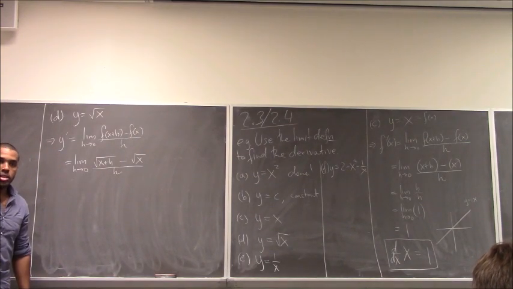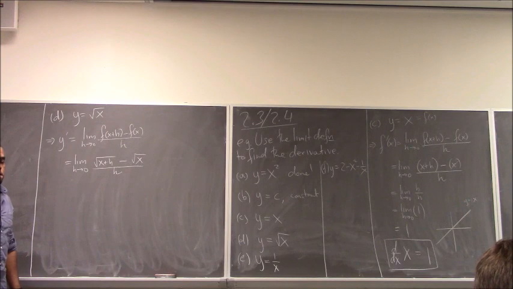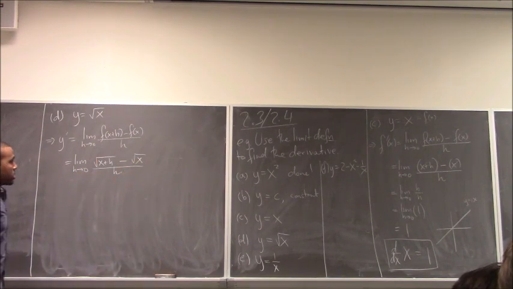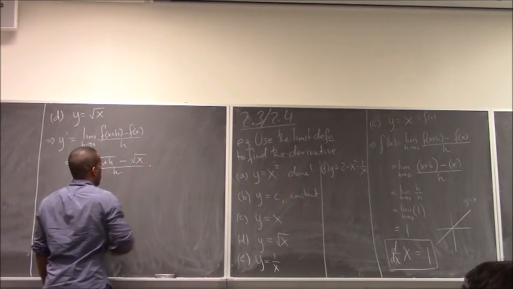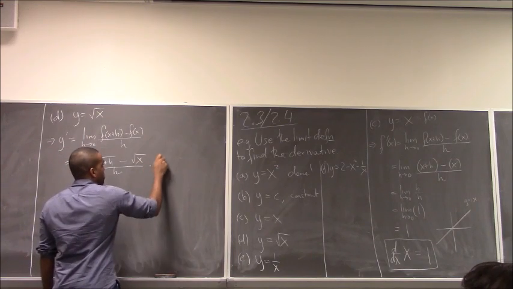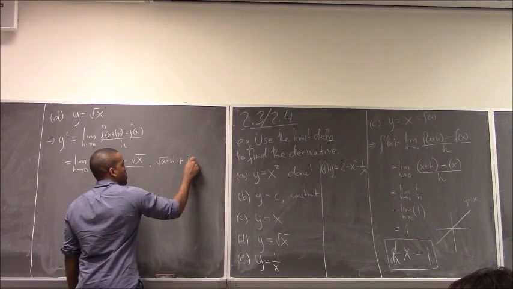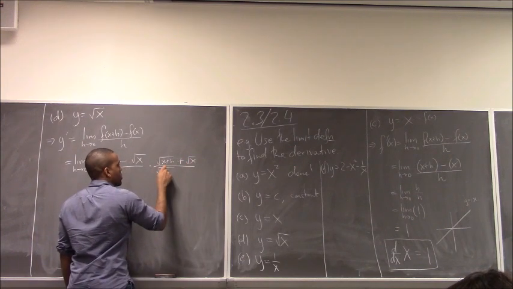How do we simplify something like this? Yeah? Multiply by the conjugate. Multiply the conjugate over itself. That's our standard rule for simplifying a sum where there's a radical in one of the parts at least. So I multiply by the conjugate, which is just I change the middle sign, over itself.